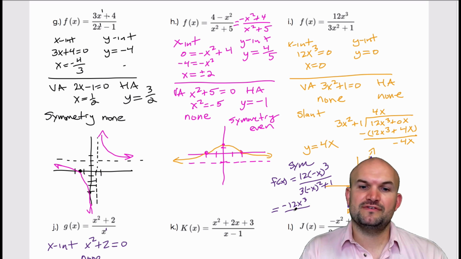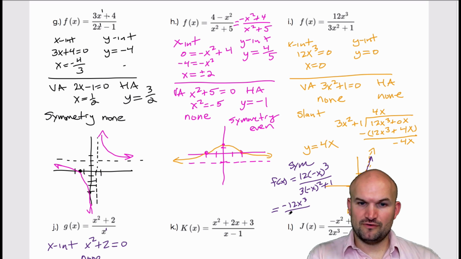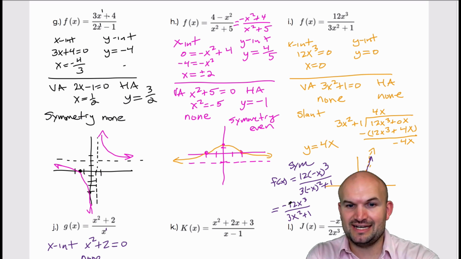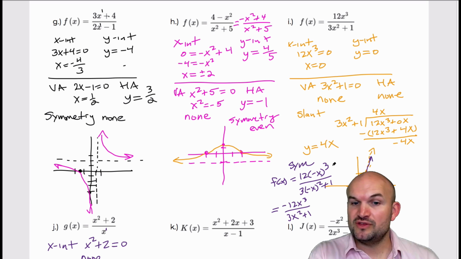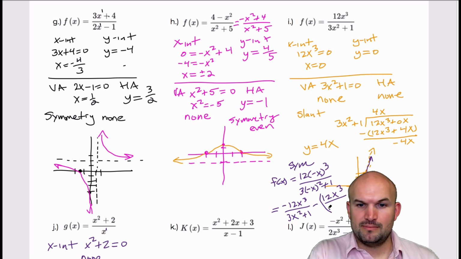That turns positive, and therefore I have 3x squared plus 1, and I can take that negative and put it in front. So I can rewrite this as negative 12x cubed over 3x squared plus 1. So I did misspeak, and I do apologize for that. I did say that whenever you see a positive and a negative, it's going to be neither even nor odd. And that is true when you're dealing with polynomials.